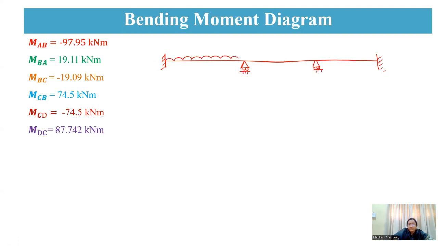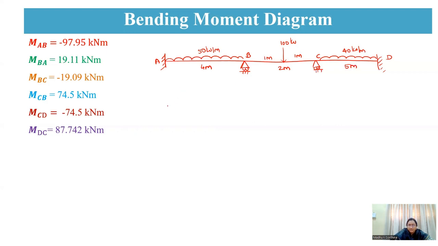This loading is 50 kilonewton per meter over 4 meters for the AB span. For the BC span, you are having 100 kilonewton, with 1 meter and 1 meter, so total 2 meters. And again here you are having 40 kilonewton per meter over 5 meters.